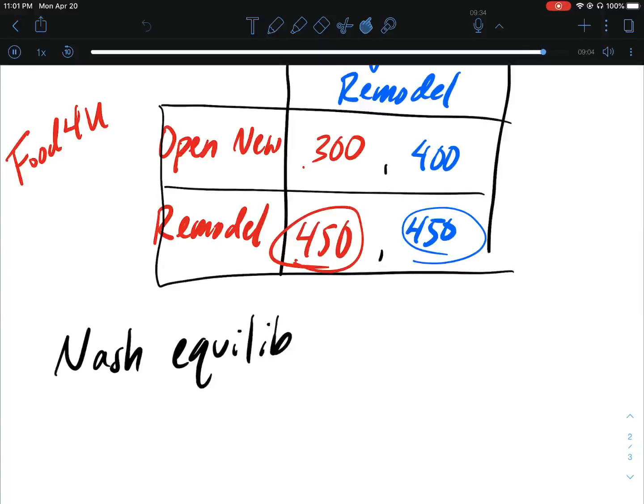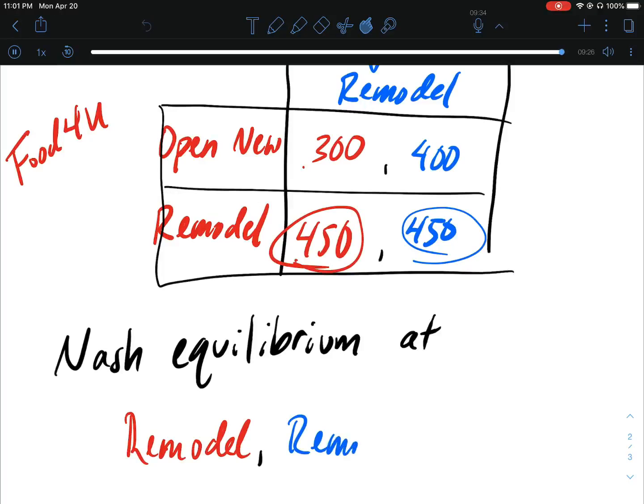So to wrap it up, we have a Nash equilibrium at remodel. Let's write that out. Nash equilibrium at remodel.